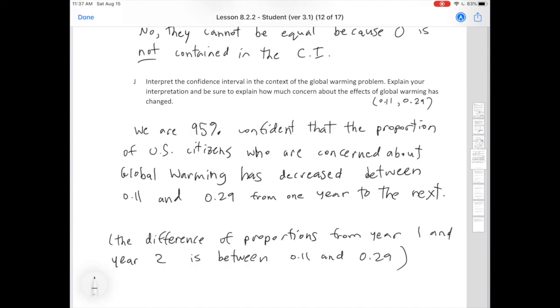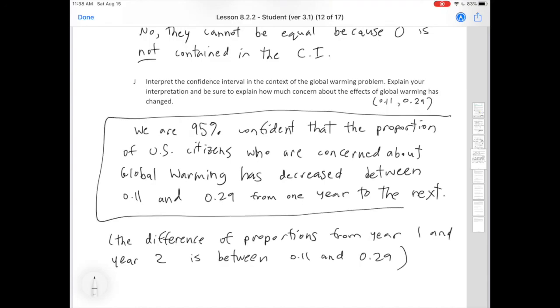Okay, so again, you could say how much something has changed by, or you can talk about the difference, right? I can either say Bill is 2 inches taller than Frank, or I can say the difference in their heights is 2 inches, right? It's just a different way of saying the same thing. But this is how I would say it, given the way that they asked the question. If the answers were negative the entire time, then that would mean that we would say that it increased, right? So it all depends on how the problem is asked.